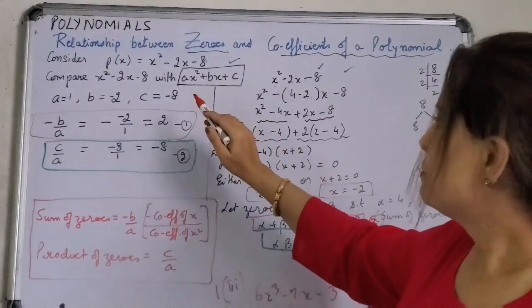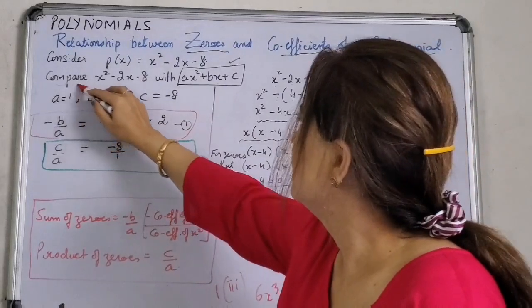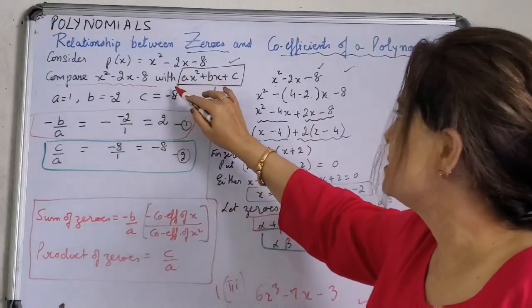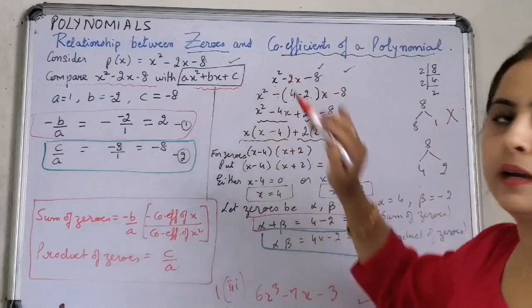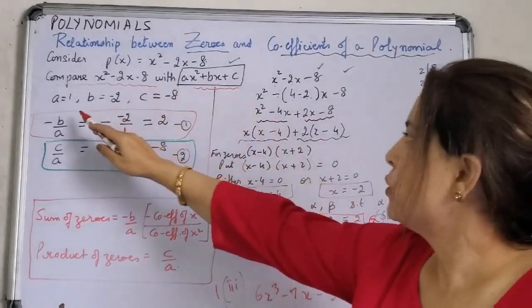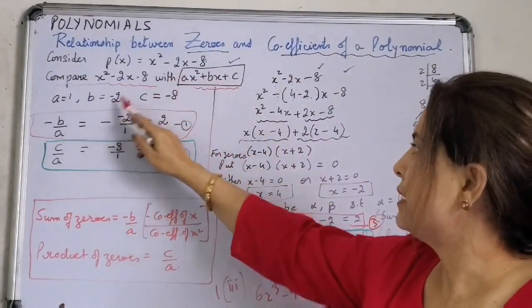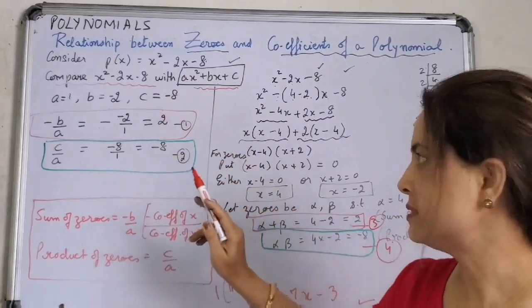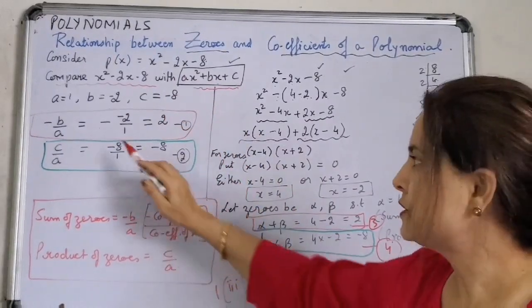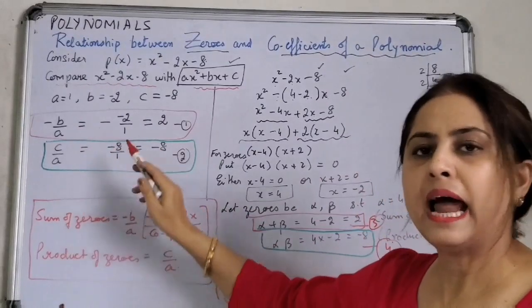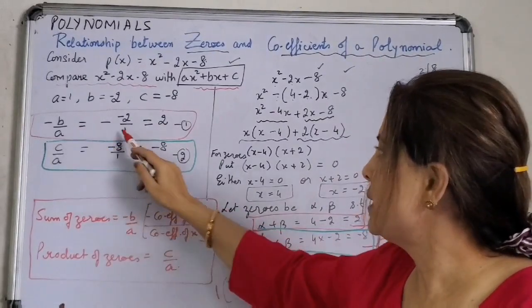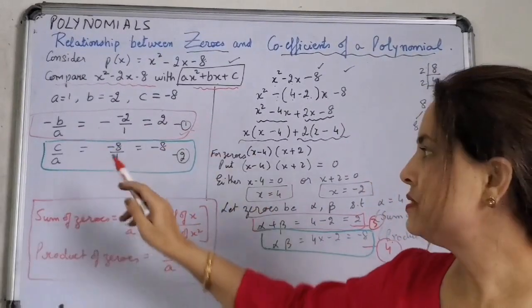To begin with, I compared x square minus 2x minus 8 with the standard polynomial. So a came out to be 1, b came out to be minus 2 and c came out to be minus 8, right? After that we did minus b upon a and c upon a. Minus b upon a gave us 2, and c upon a gave us minus 8, right?